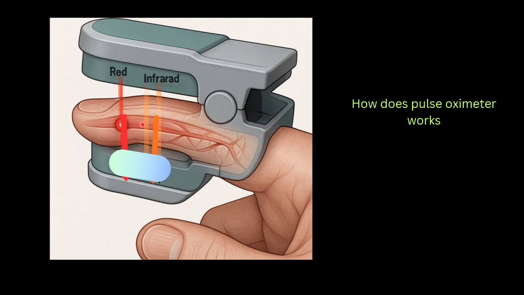So by calculating how much of red light and how much of infrared light is absorbed, we can in turn measure the amount of oxyhemoglobin and deoxyhemoglobin. It will be clear in the following slides.